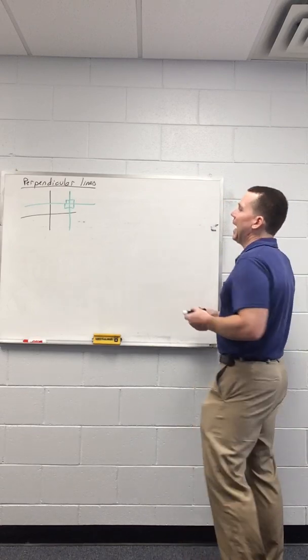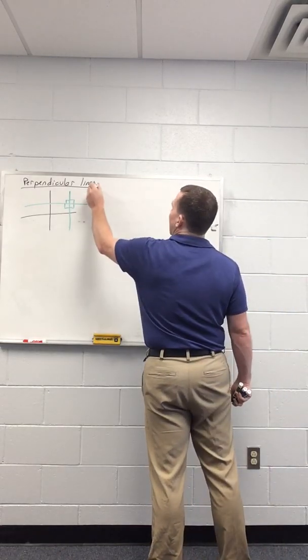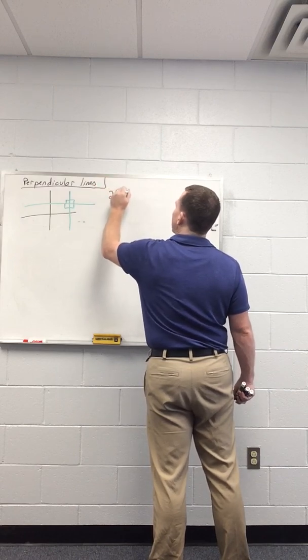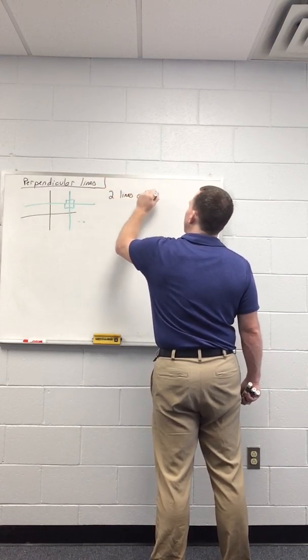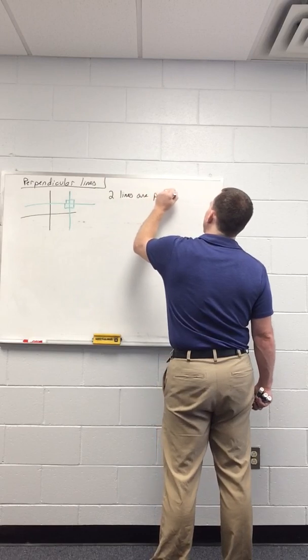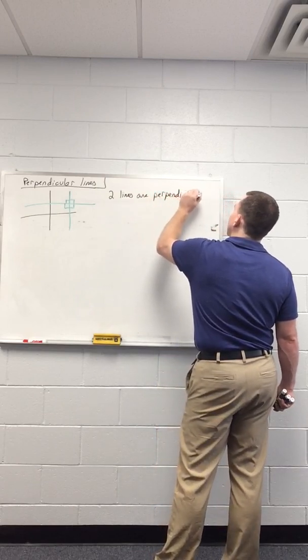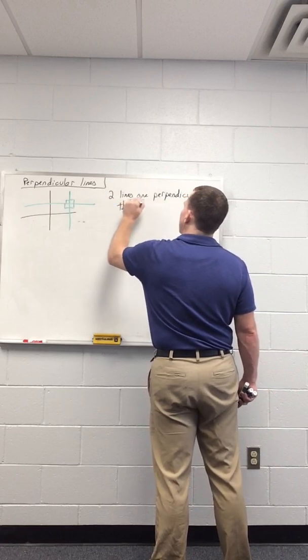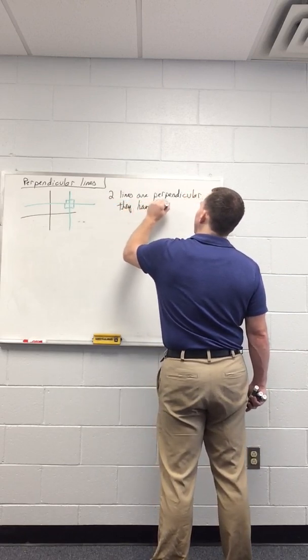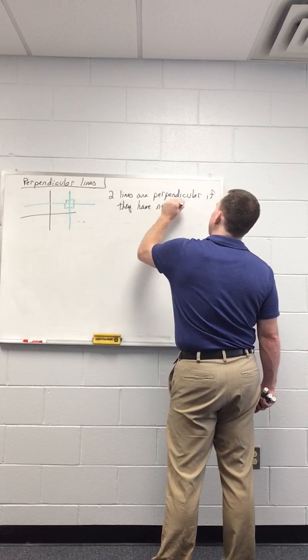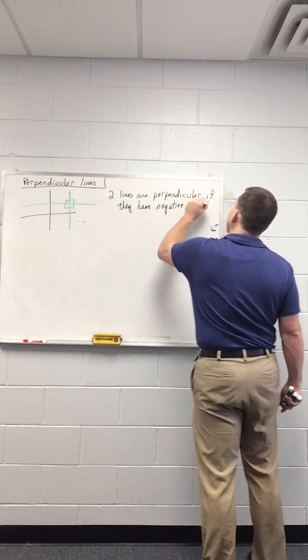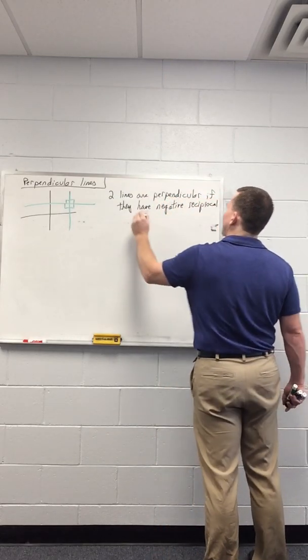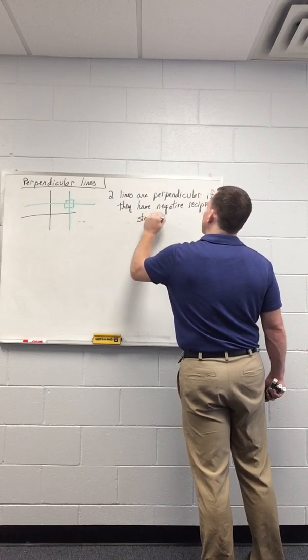As far as the algebraic definition of perpendicular lines, two lines are perpendicular if they have negative reciprocal slopes.